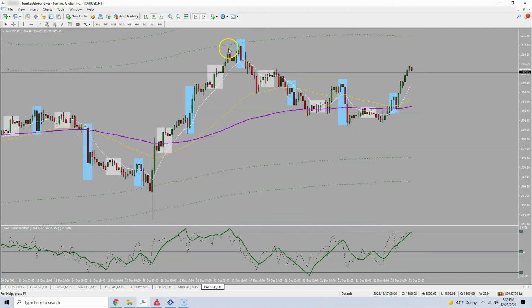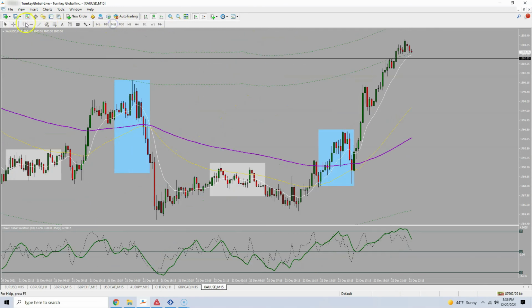Yeah, I probably could have gone ahead and caught the last move, I had my take profit sitting up here. We were close enough. I caught 100 and something pips, probably about 130 pips is what we caught.